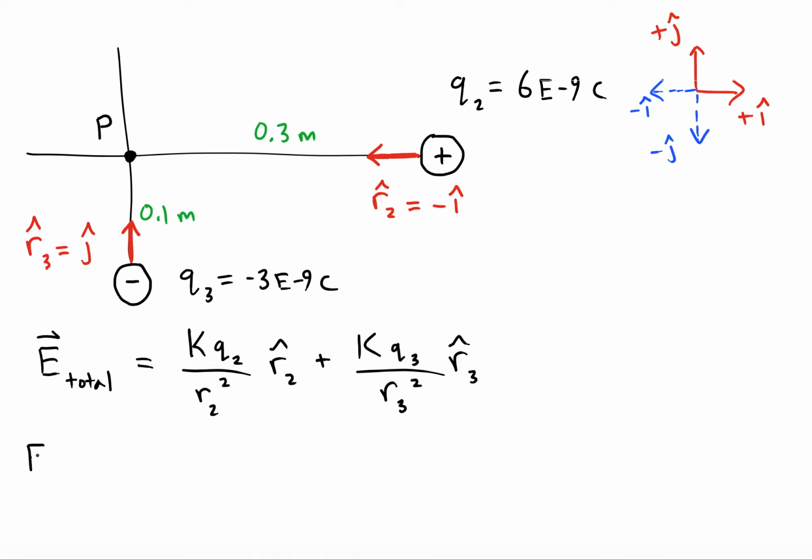Now what we can do is replace the R hats with what we had just found. And when we introduce the charges, we actually keep their original signs.